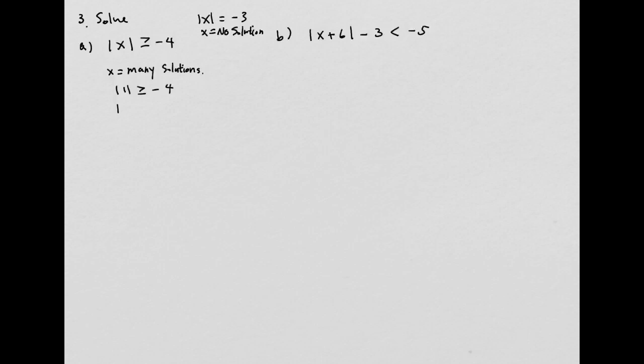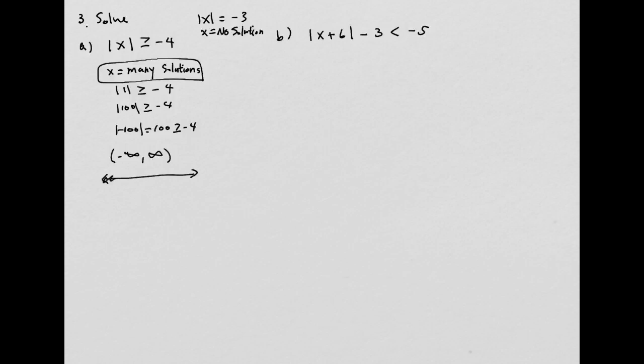If I do absolute value of 100, that is greater than negative 4. Even if I do absolute value of negative 100, that is equal to 100, which is greater than or equal to negative 4. That's the whole reason your solution will be many solutions. And the way that you're going to show interval notation for that will be negative infinity to positive infinity. And when you want to graph it, it's coloring the whole number line, right?